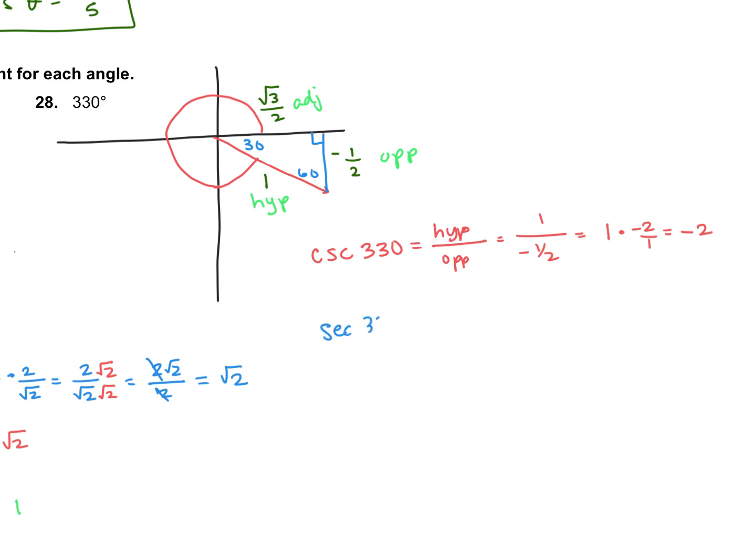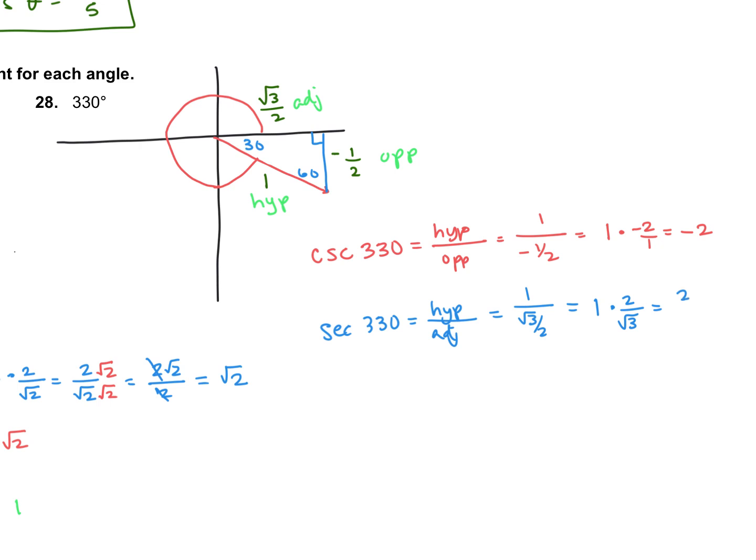Secant of 330 degrees is the reciprocal of the cosine function. So this is going to be the hypotenuse over the adjacent side. Hypotenuse is 1, adjacent is root 3 over 2. To simplify, we're going to take our numerator 1 and multiply by the reciprocal 2 over root 3.